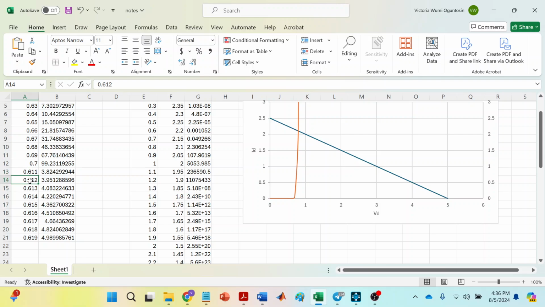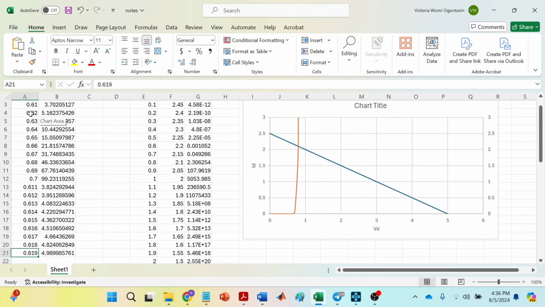So when I do this small change, I calculate my value of power supply voltage, and the one that is closest to 5 volts is 0.619 volts. So remember that if VD is 0.62 volts, it's 5.1 volts, and if it's 0.619, it's 4.99 volts.